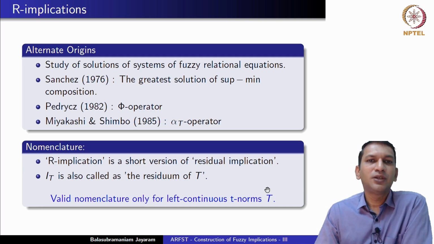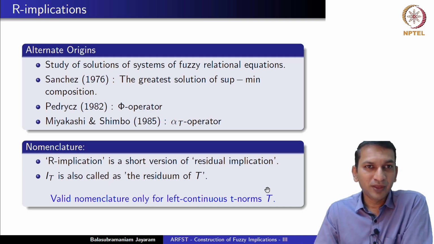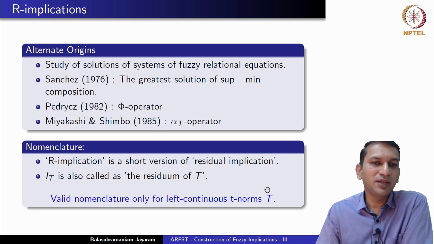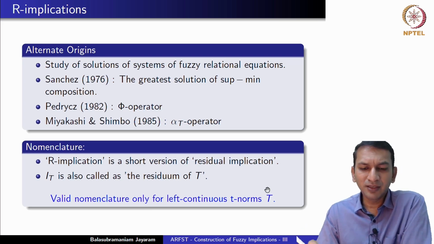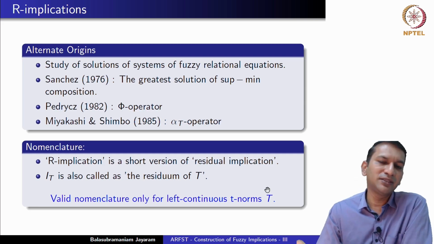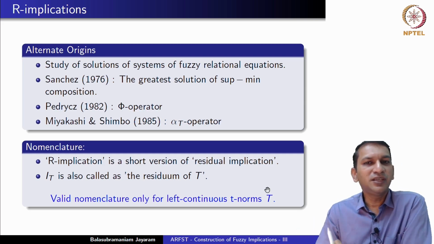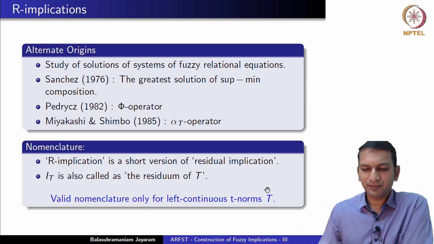The reason for this will be explained going forward, because only if the T norm is a left continuous T norm can we ensure that the T norm T and the R implication I_T satisfy what is called the residuation principle or residuated property, from which we get this term residuum or residual implication, whose shortened version is actually the R implication.